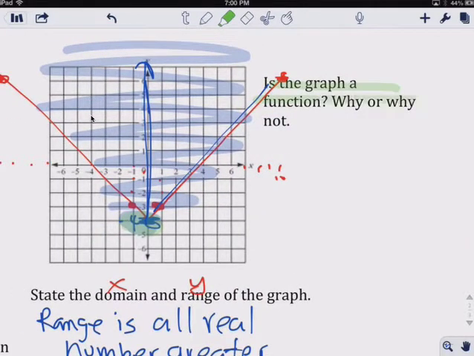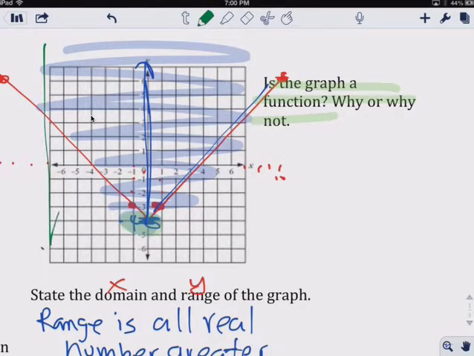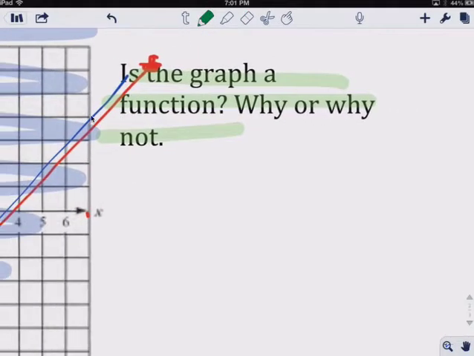Why or why not? It's a function because of the vertical line test. The vertical line only passes through that red graph once anywhere. Okay, so the vertical line only passes it once. Is the graph a function?